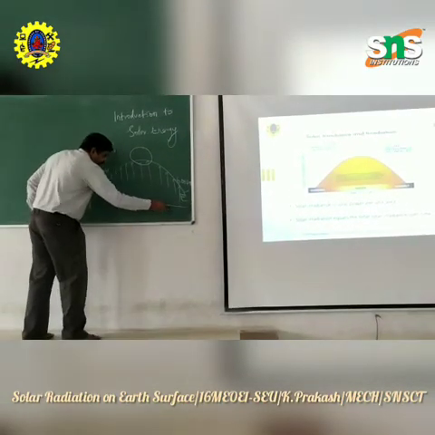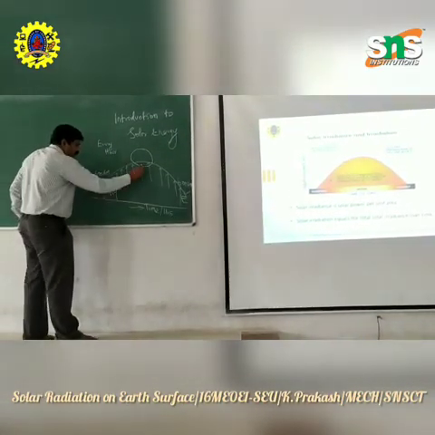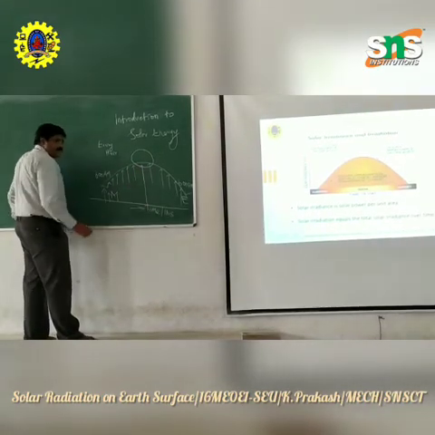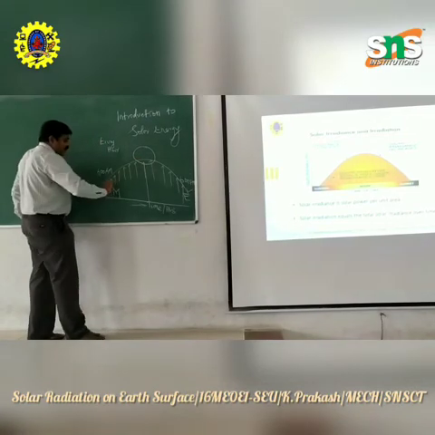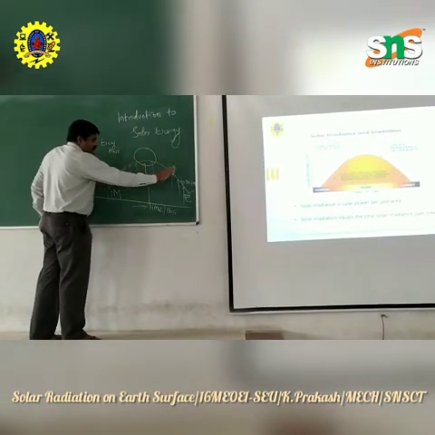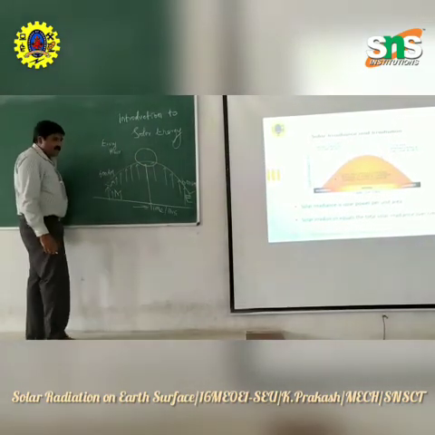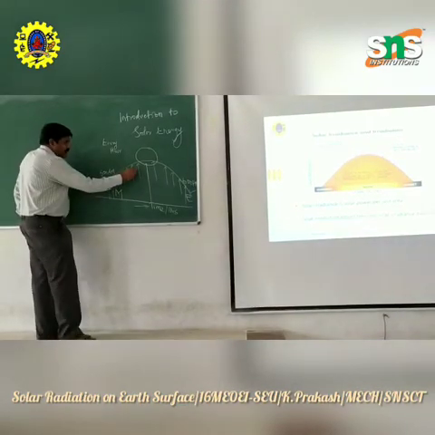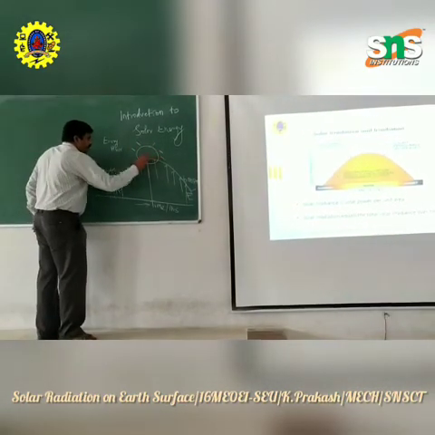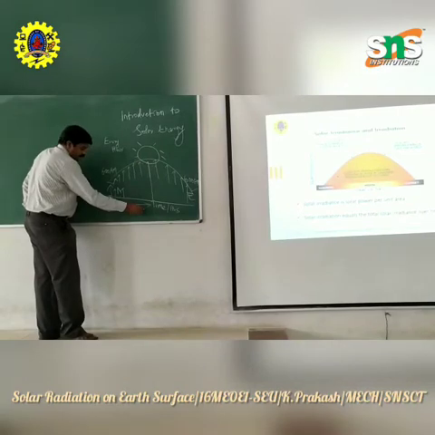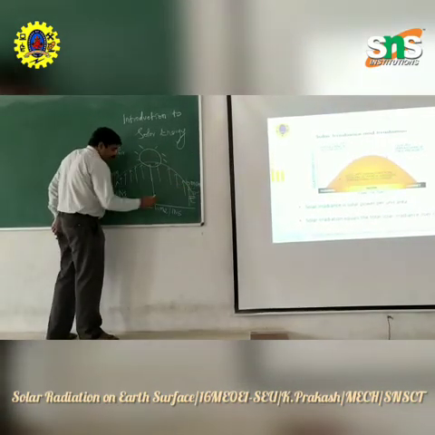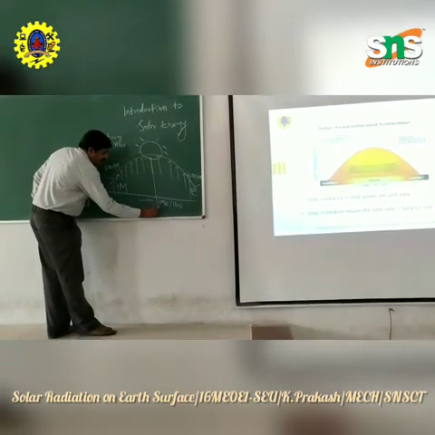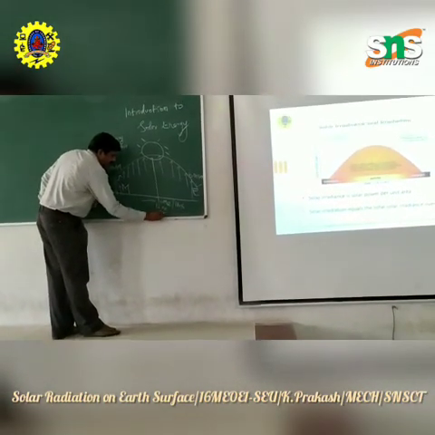Take a benchmark like this and see the difference: the radiation is increased and then decreased. If we compare the solar radiation with time, it is 6 a.m. here and 6 p.m. here, and around 12 noon in the middle.